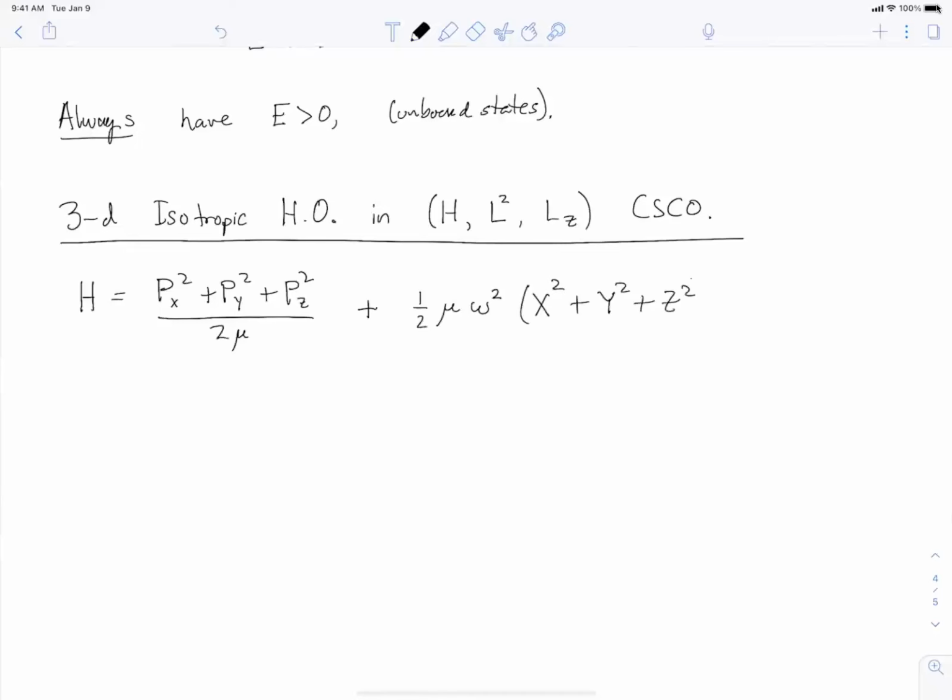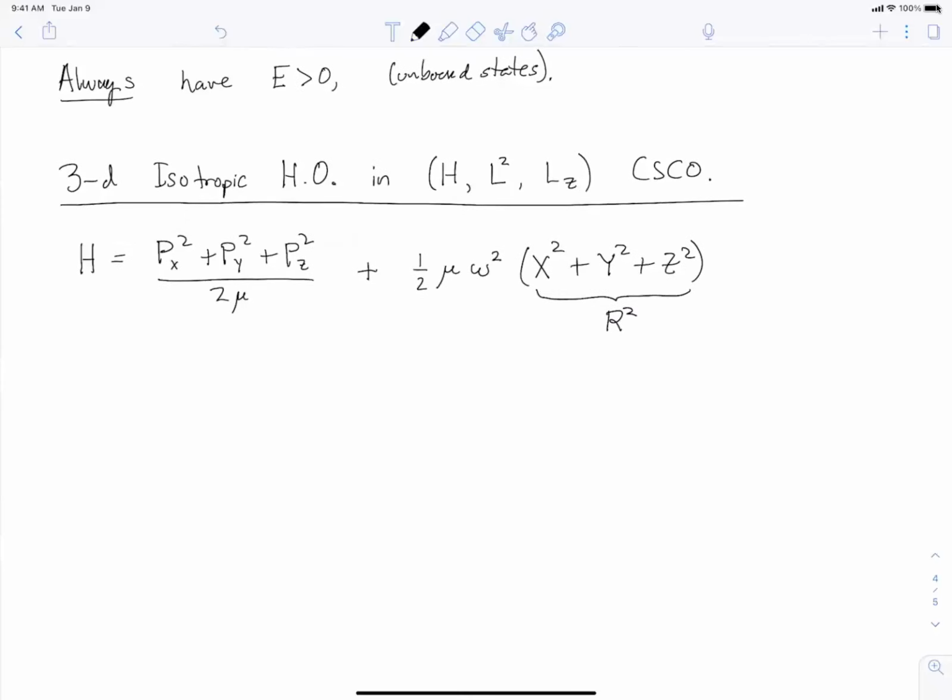Also invariant under rotations, because this is also known as just the radial coordinate squared. Okay, so that Hamiltonian indeed commutes with L squared and L sub z. And that means we are entitled to look for, and therefore we will find, eigenstates that are simultaneous eigenstates of energy, total angular momentum, and z component of angular momentum.